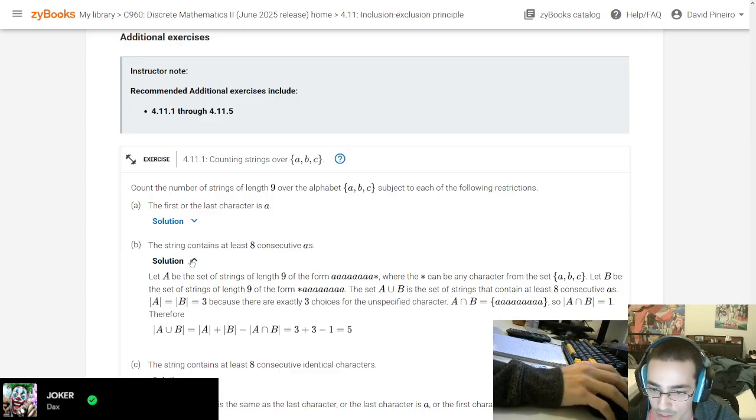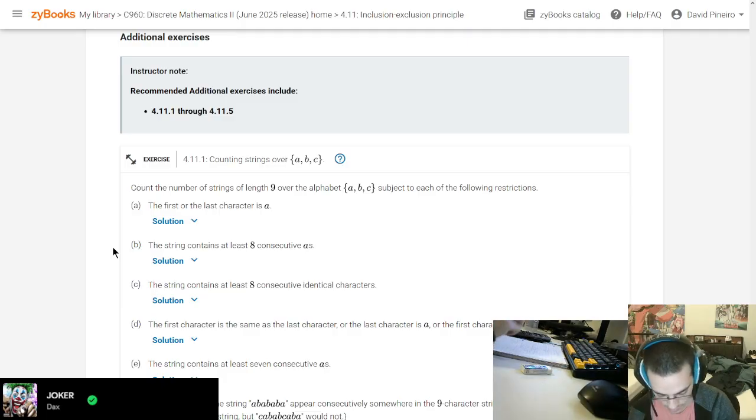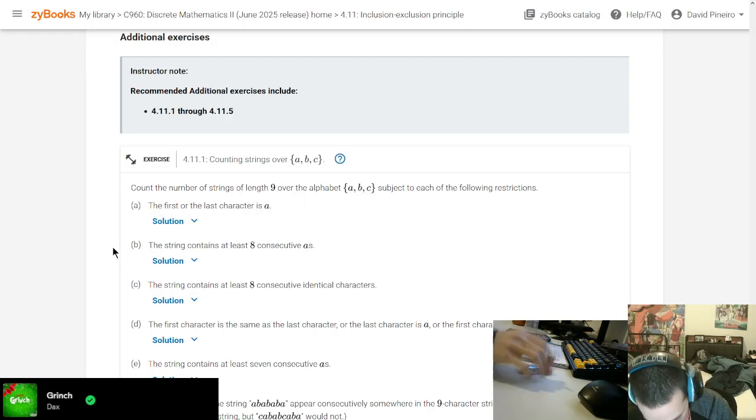Okay, let me try to do it again. So the string contains at least 8 consecutive A's. Let's just calculate that. There's only 2 positions for that, so I'll call them A and B, and we can take their intersection, and their union is gonna be the thing that we want.